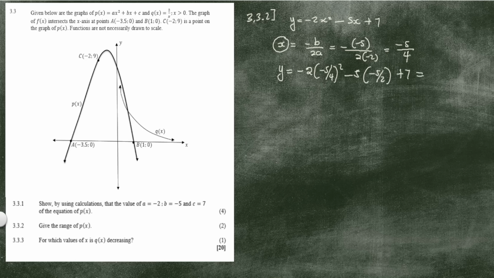Then let's calculate y. Minus 2 times minus 5/4 squared, minus 5 times minus 5/4, not squared, plus 7. I'm getting 131/8 as my answer.